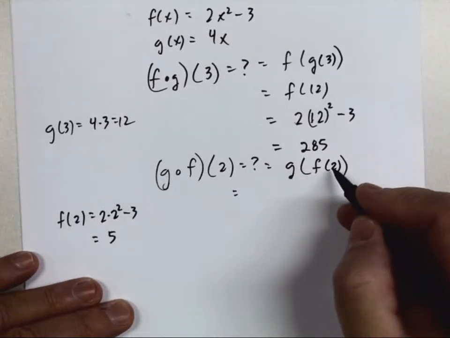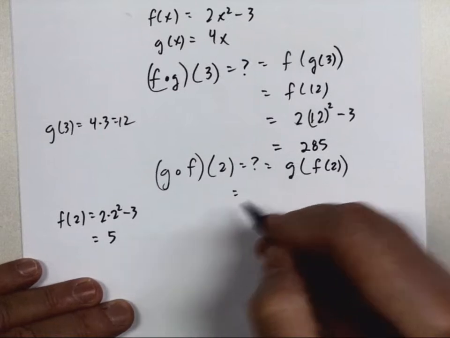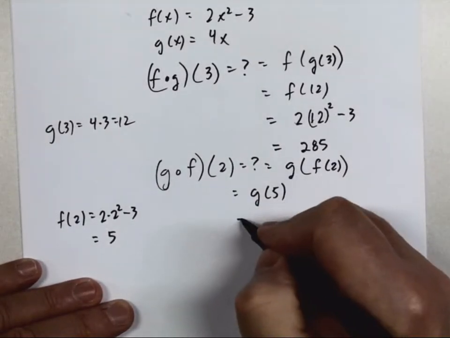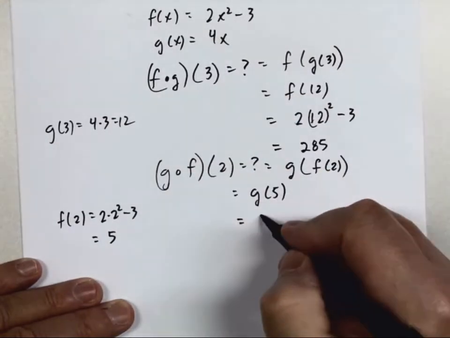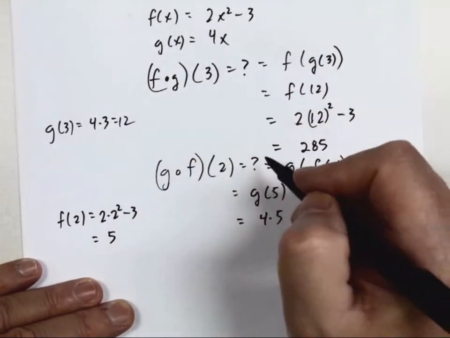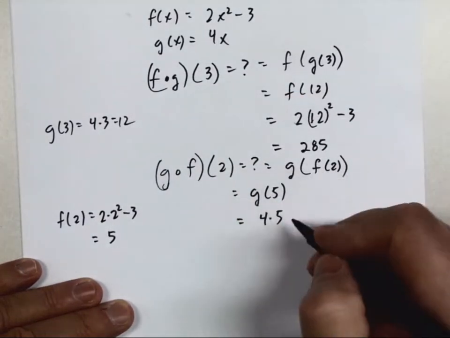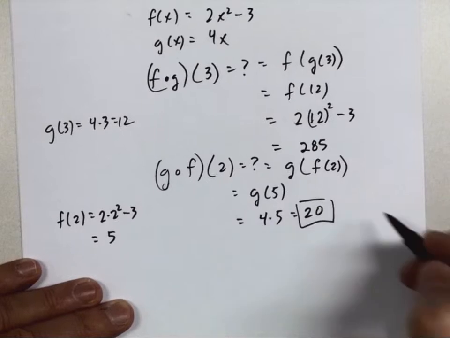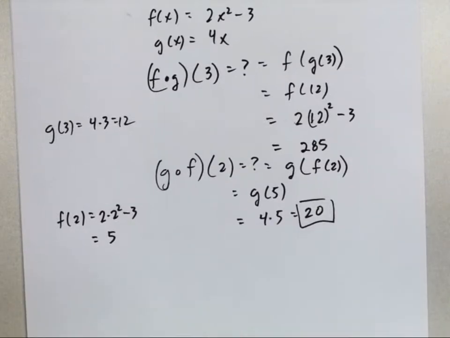Rewrite the composite as this. And now F of 2 is 5, so really the problem becomes G of 5. G of x is 4x, plug in 5 for x. There you go. All right, composite functions. Hopefully you realize they're not that bad.